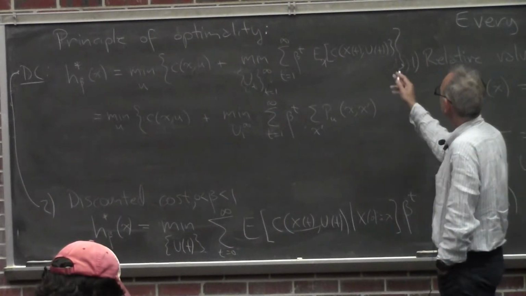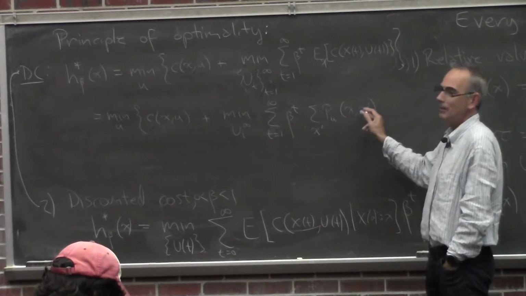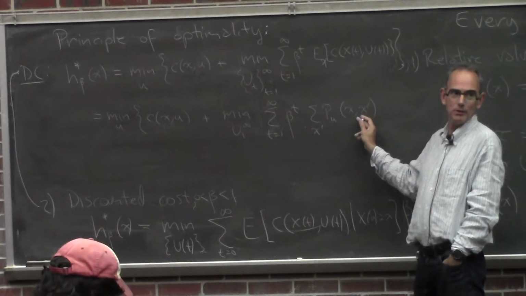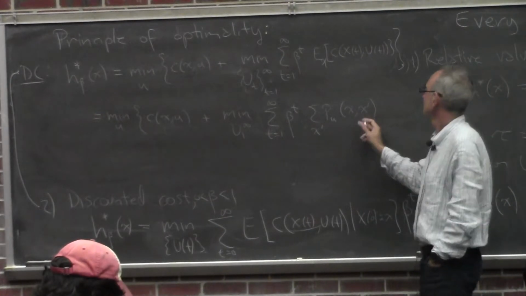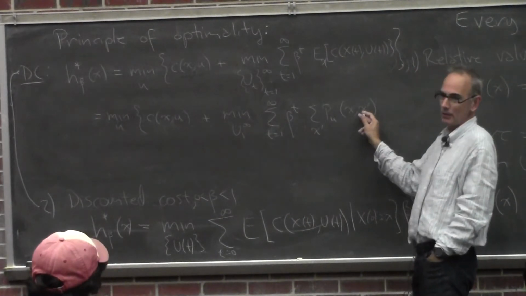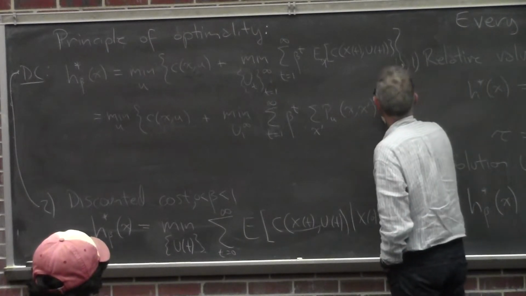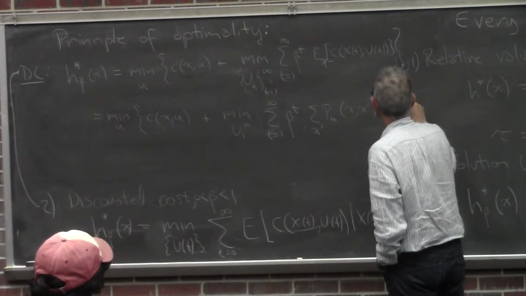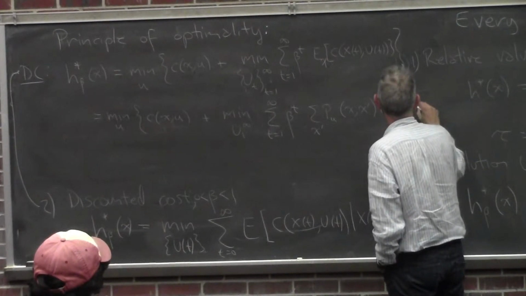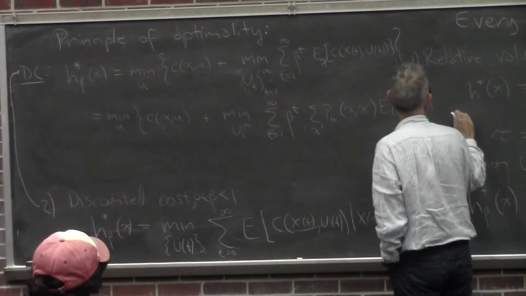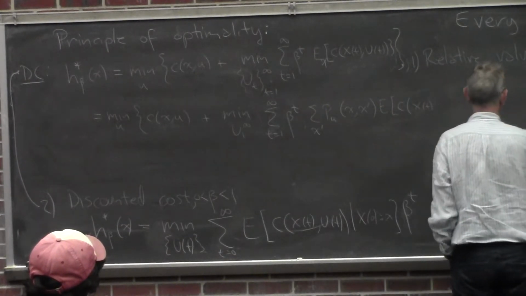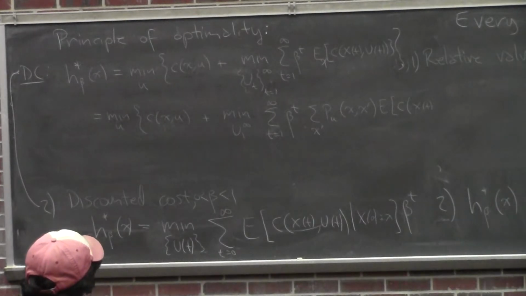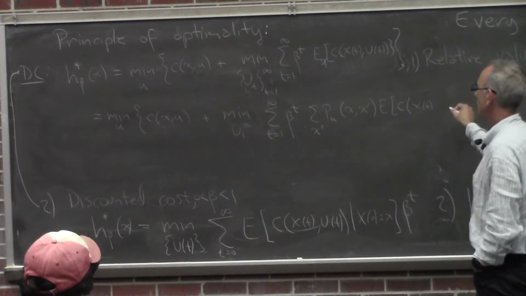Okay, so I'm basically going to look at all possible locations I might be in one step from now, and look at this expectation given that I started there. I'm not done yet.